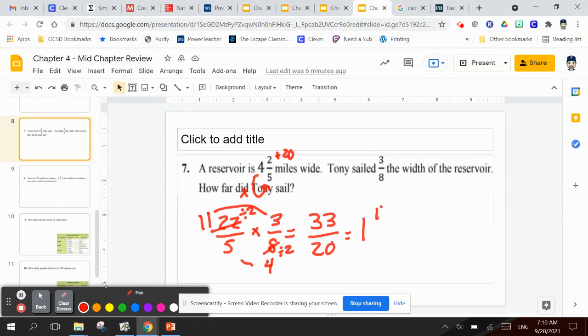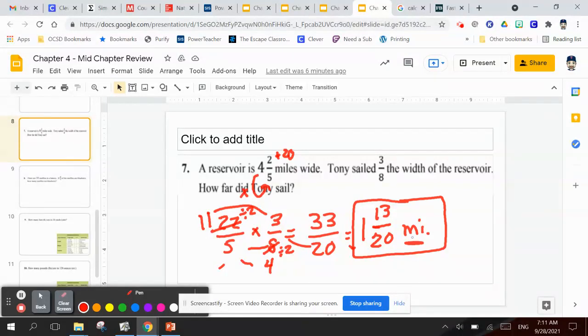Which equals 1 and 13 twentieths miles. Because that's how far he went. Remember that if you have a story problem like this, you need to have a label.